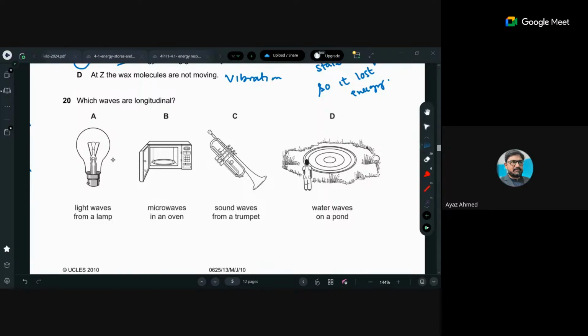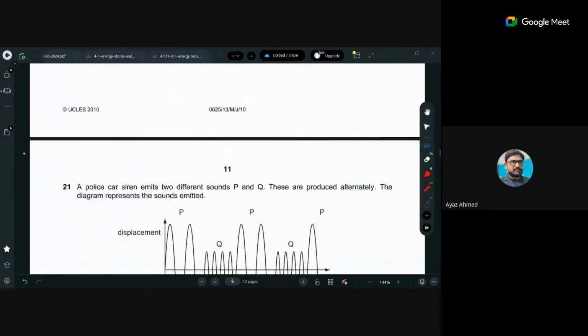In this question, which wave is longitudinal? Oh my god. It is producing light, so it is electromagnetic. It is micro, so it is electromagnetic. It is water, so it is transverse. So it is the sound wave, and that is basically your longitudinal wave. Is it? Yes, sir. Oh, very good.